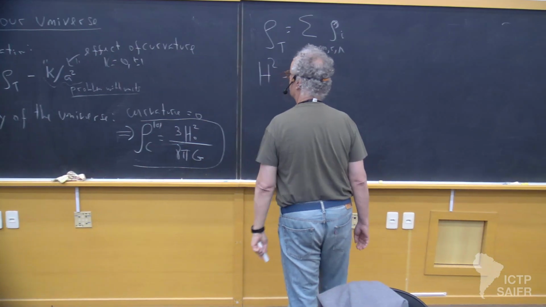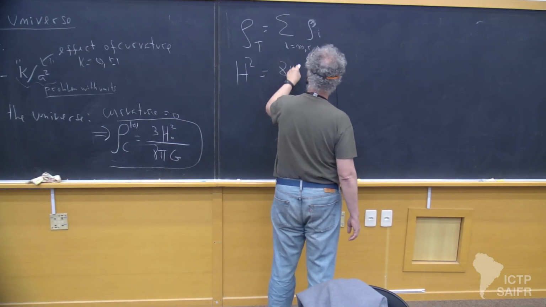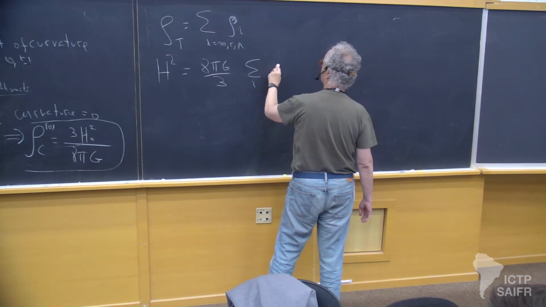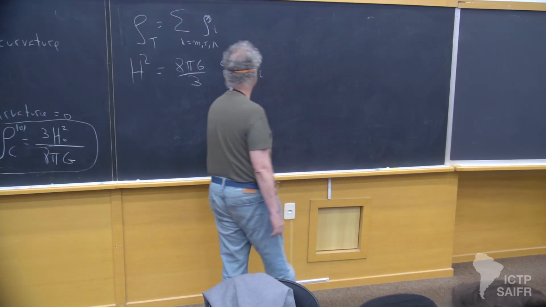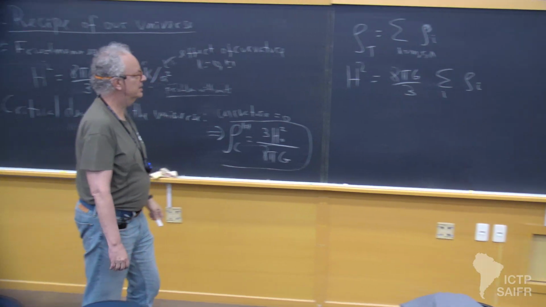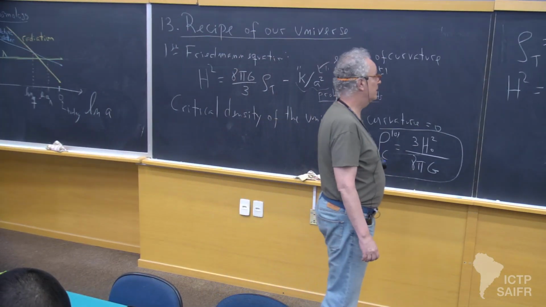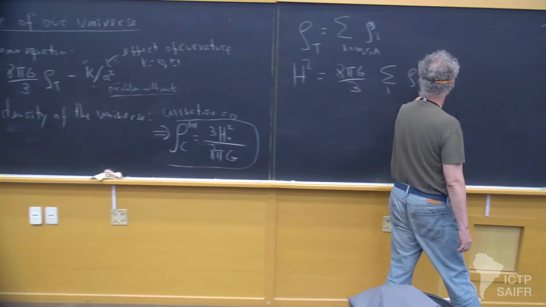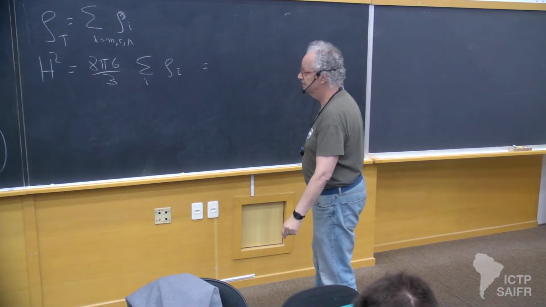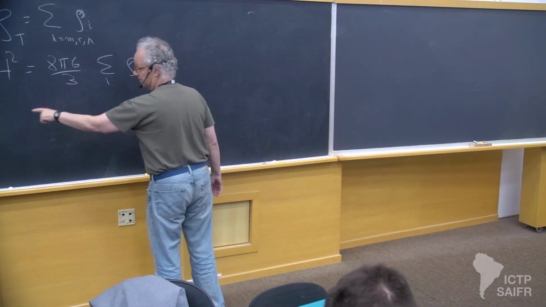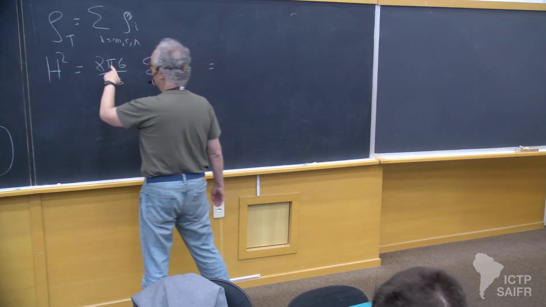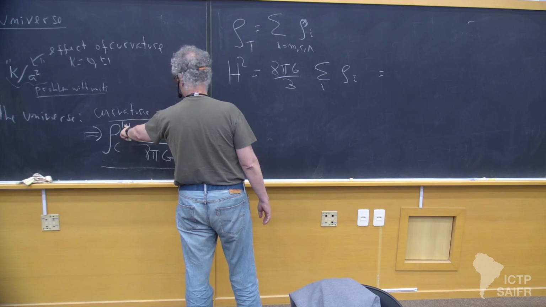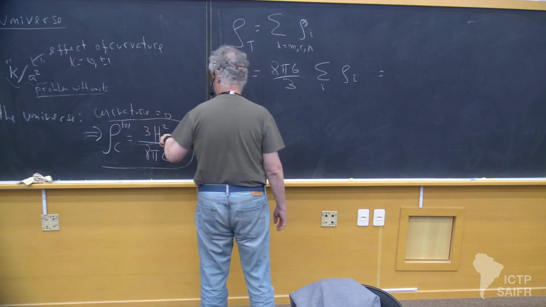So we can write Friedmann's equation the following way. Sum over all the components of the universe. But now I will write this in terms of the critical density. I'm going to substitute 8 pi G over 3 by the critical density at 0 divided by H naught squared.